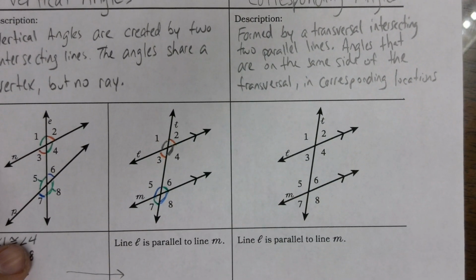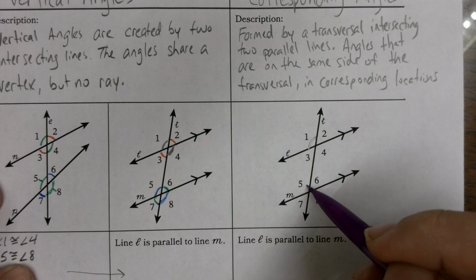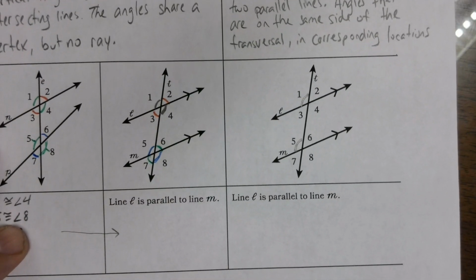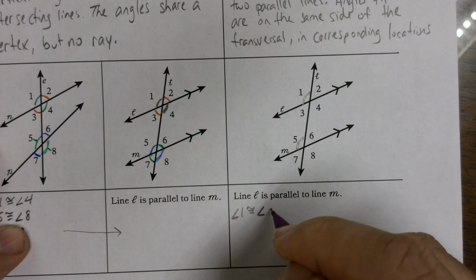Okay. Well, what that means is angle 1 would match up and be corresponding with angle 5. So we would say angle 1 is congruent to angle 5.